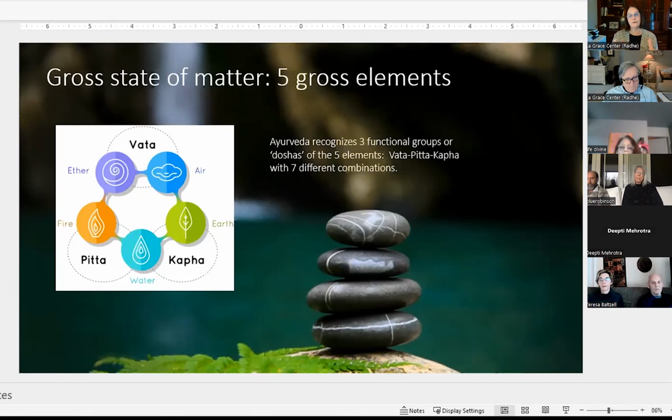And Ayurveda identifies 7 different combinations of these three doshas. More Vata than Pitta and Kapha, more Pitta than Kapha and Vata, etc. So 7 archetypal combinations of these doshas. Ayurveda sees these as universal principles applying to all aspects of material creation: minerals, plants, animals.